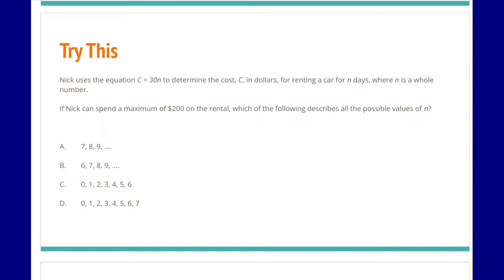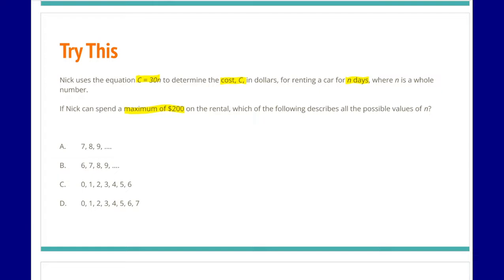If Nick can spend a maximum of $200 on the rental, which of the following describes all the possible values for n? So there's different ways we could go through this, but essentially Nick has a maximum of $200 to spend. There's an equation that he can use that tells us the cost C and the number of days, n.